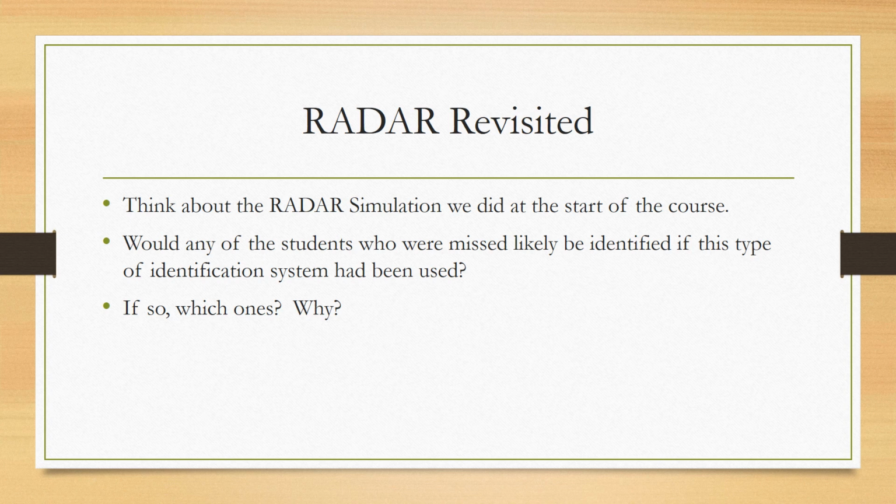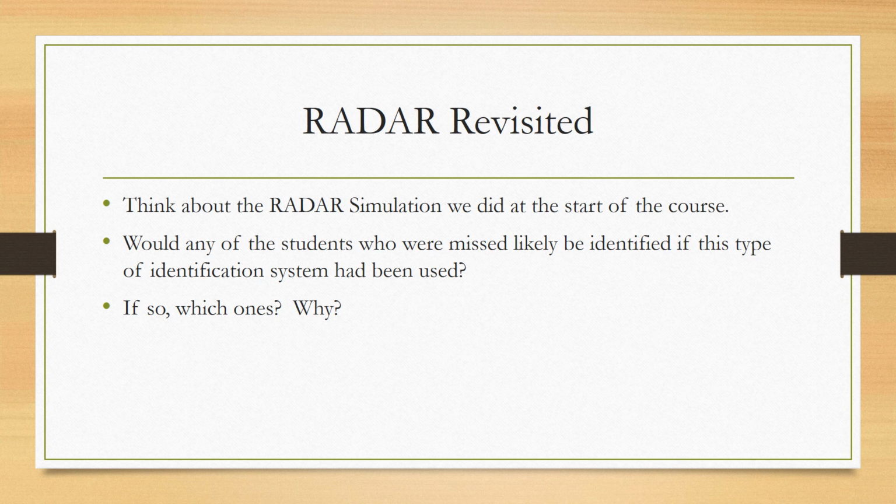Now, think about the radar simulation we did at the start of the course. You may recall that this is where you had to identify students for the gifted program based on pseudonyms. And we found out at the end of that they were really stand-ins for really famous people. People who probably would have been missed with traditional identification practices. People like Einstein and Edison and Walt Disney, Lucille Ball.